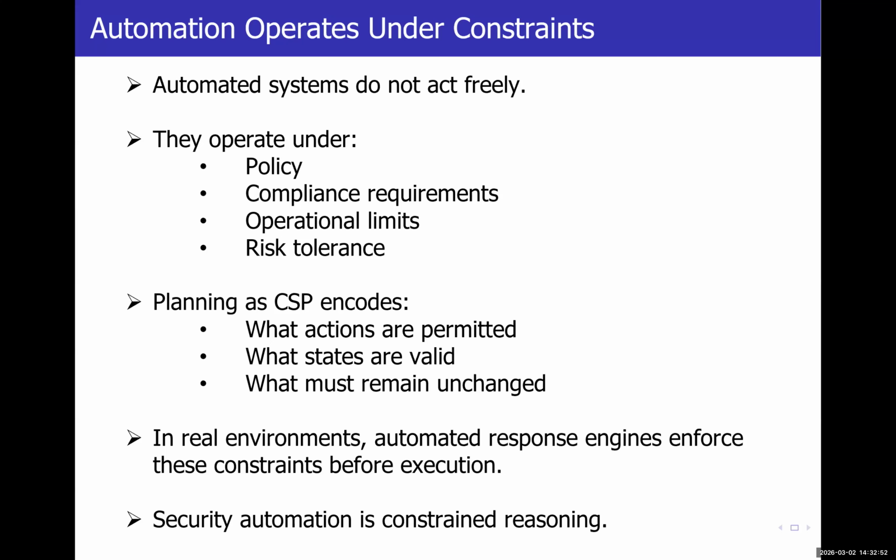In practice, automated response engines enforce constraints before executing actions. If a required condition does not hold, the action is not allowed to proceed. So planning as CSP is not just a theoretical formulation. It reflects how constrained decision-making operates in structured cybersecurity environments.